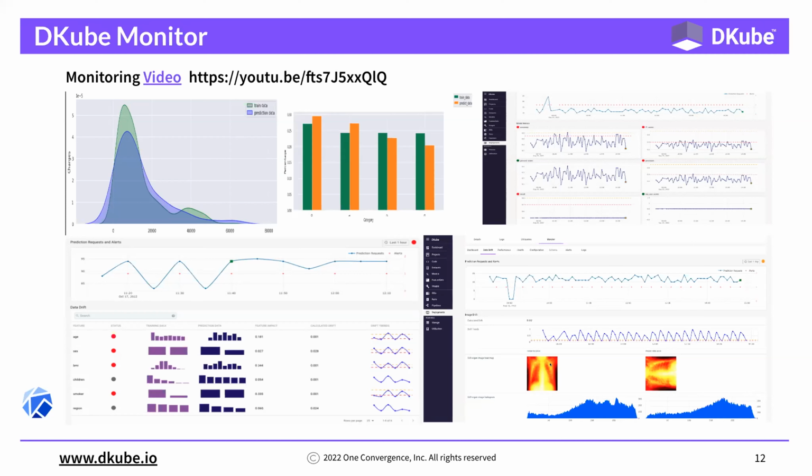So what we're doing is running SVD, singular value decomposition, on both the training and prediction data, and then we get the eigen face or the representative image from both the data sets and show it for visual purposes, in addition to calculating the actual drift. On the top here, there are different charts that you can plot. So this one is prediction requests versus alerts. The alerts are based on the thresholds.